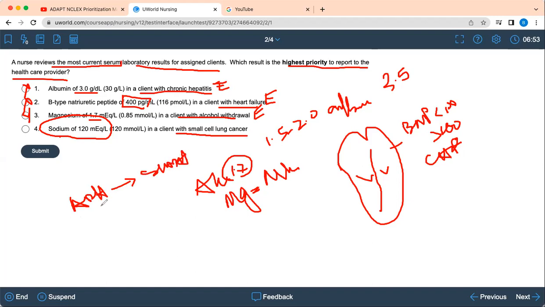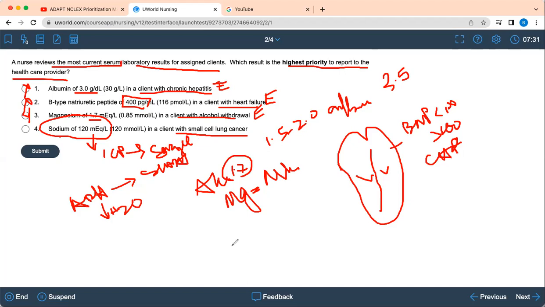What the ADH does is it causes reabsorption of water, so water retention, and the patient will develop dilutional hyponatremia, and your sodium goes low. Remember, whenever you see hyponatremia, think of ICP, because the brain swells, and if the brain swells, this patient goes into seizure. That's why hyponatremia is very serious. These patients' sodium needs to be corrected slowly.